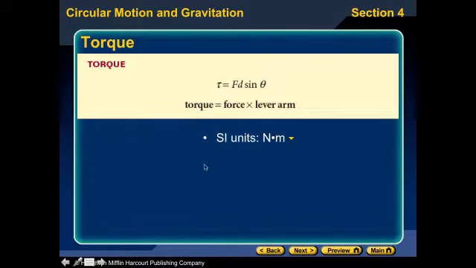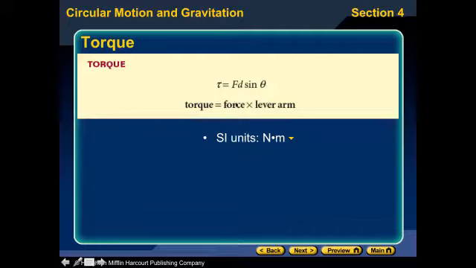So here is our equation for torque. T, and this is actually tau, the Greek symbol, but we'll call it T for now, is equal to force times the distance, the lever arm, times the sine of theta. Now, if you are pushing perpendicular to the door, sine theta is going to be sine of 90, which is 1.